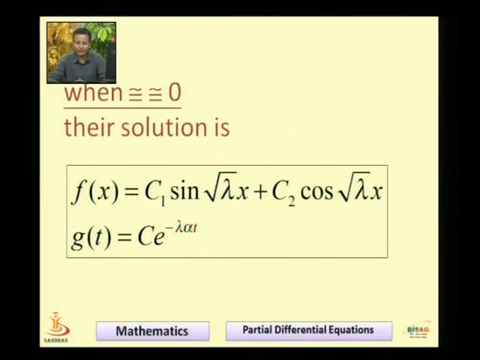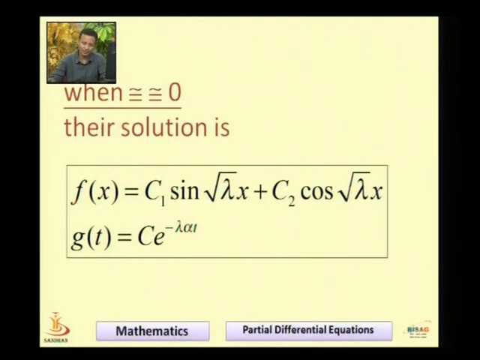Here we have a pair of complex roots, and comparing with alpha plus minus i beta, if alpha plus minus i beta is a pair of complex roots of the auxiliary equation, then the complementary function is given by e raised to alpha x into c1 cos beta x plus c2 sin beta x. And in the second equation we have a single real root minus lambda alpha, so we can write c e raised to minus lambda alpha t.